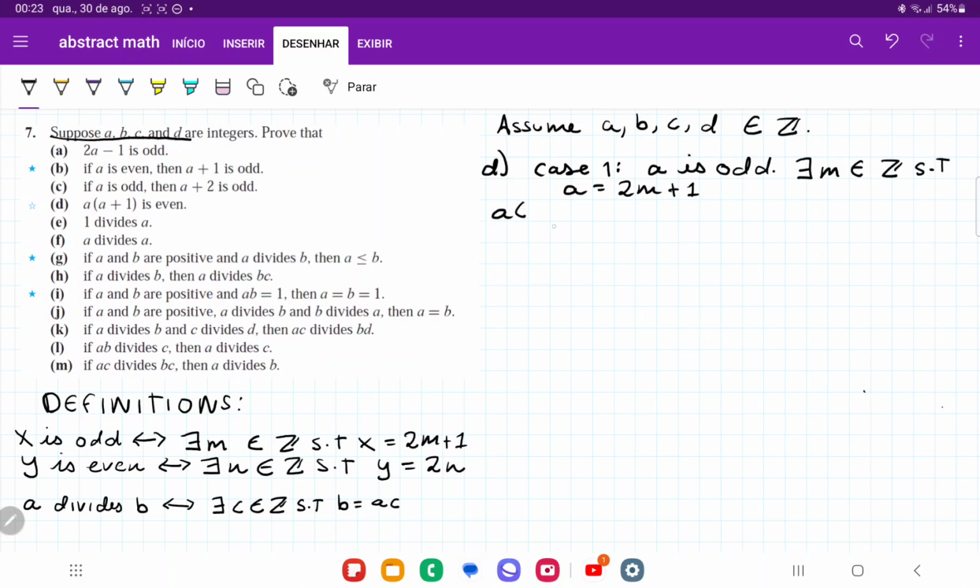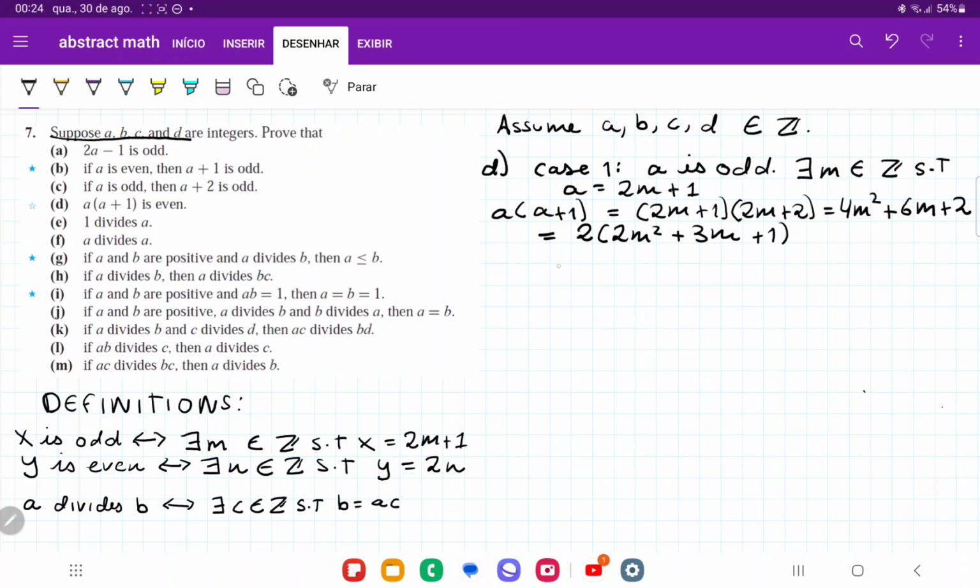So a times a plus 1 is going to be equal to 2m plus 1 times 2m plus 1 plus 1, so that is 2m plus 2, which is going to be equal to, let's see, 4m squared, and then I'm going to have 4m plus 2m, so plus 6m plus 2, which is equal to, I'm going to factor out a 2 times 2m squared plus 3m plus 1.